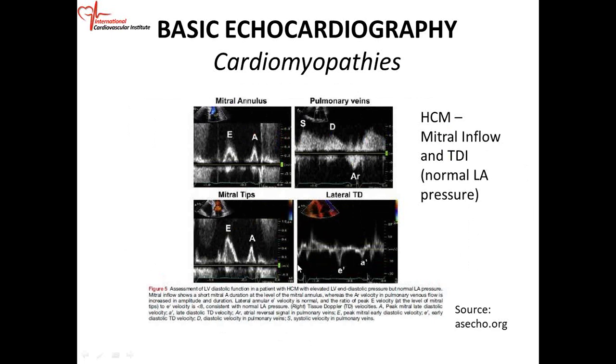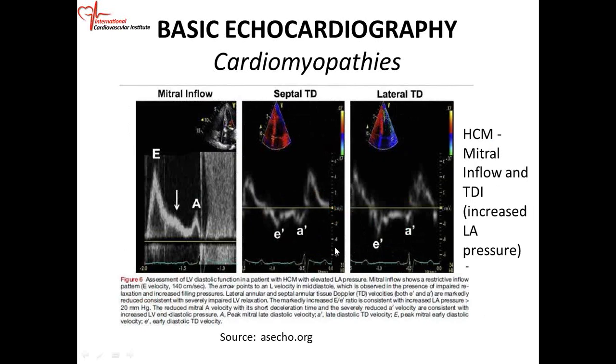Okay, when you look at your tissue Doppler imaging, you look at your E prime and your A prime. Again, your hypertrophic cardiomyopathy is a muscle disease, so you expect your E prime to be reduced.